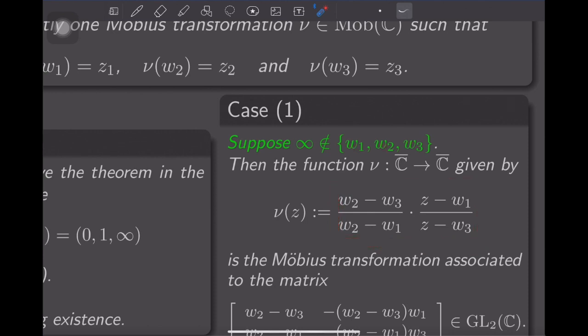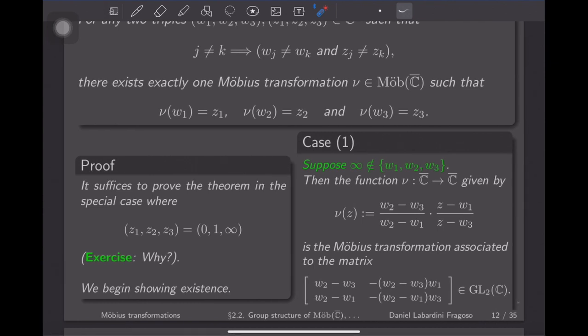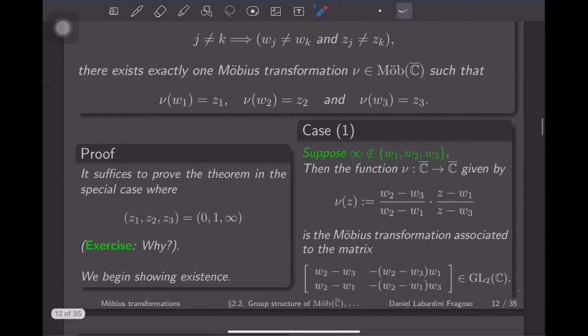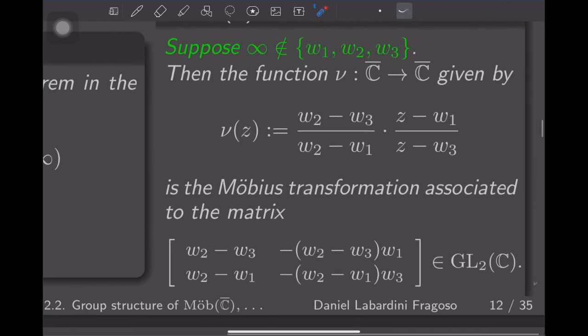So this way, I cooked up a way of sending my 3 points to 0, 1, infinity. And now the point is, is that a Möbius transformation? Fortunately, yes, because I just multiplied here and here, and also here. I distribute both numerator and denominator, and you see this one going here and here, and this one going here and here.